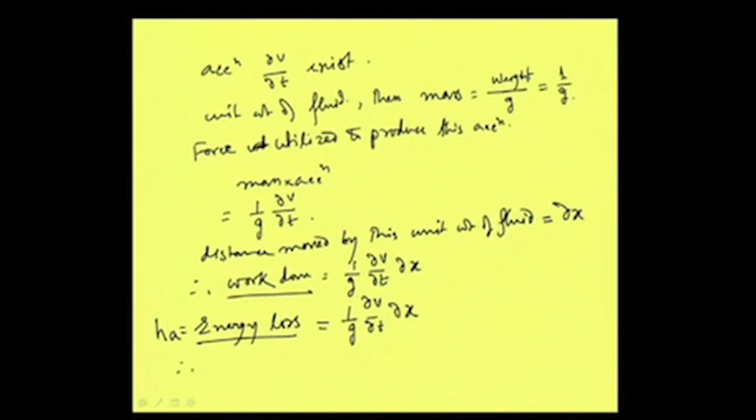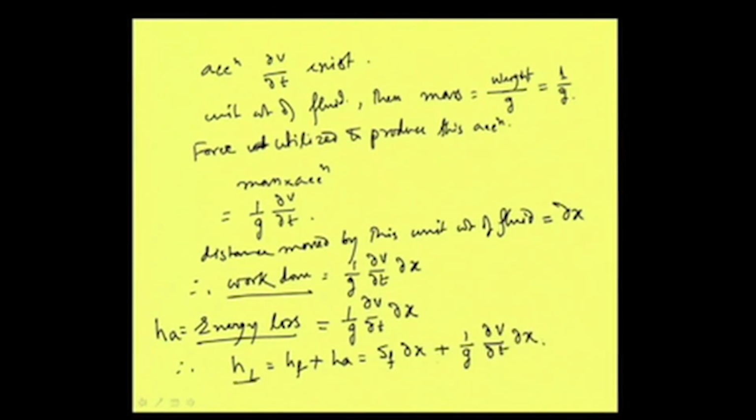Therefore, head loss HL is equal to HF plus HA, and HF we can write as SF into delta x, and this HA, the acceleration loss, as 1 by g, then del v del t into delta x.